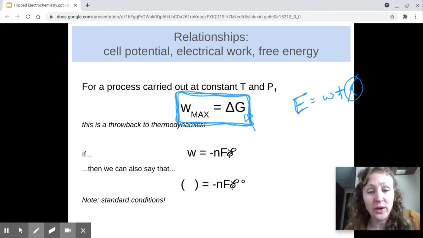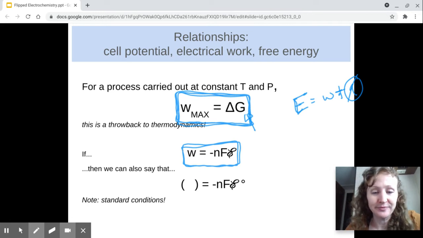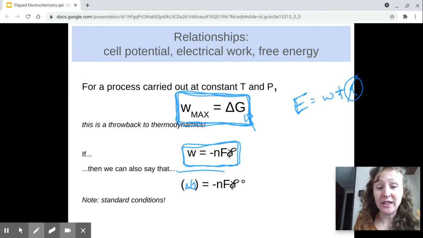Okay, so if we go back to this equation that we were just talking about on the other page, where work is equal to negative NFE, we can also say that what is also equal to negative NFE would be delta G. So the free energy, we now have another way that we can calculate the free energy.